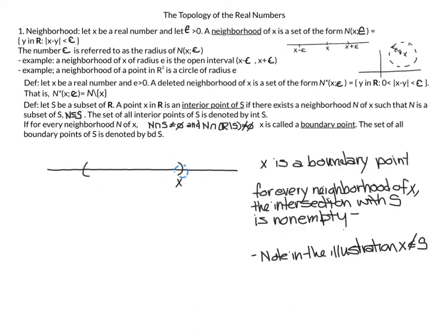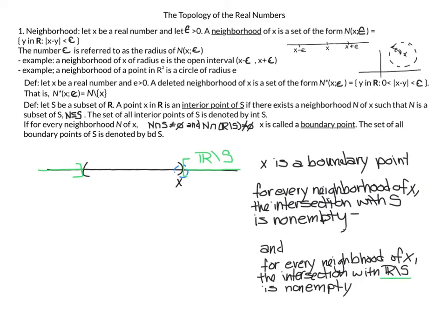Now remember, we are in an open interval, and let's say x is at the endpoint of our open interval. There's no small neighborhood that can be totally contained in S because x is right at the endpoint. I can't draw something around it that'll all be contained in S. So this x is not an interior point. This point x that is at the end of the open interval is called a boundary point.